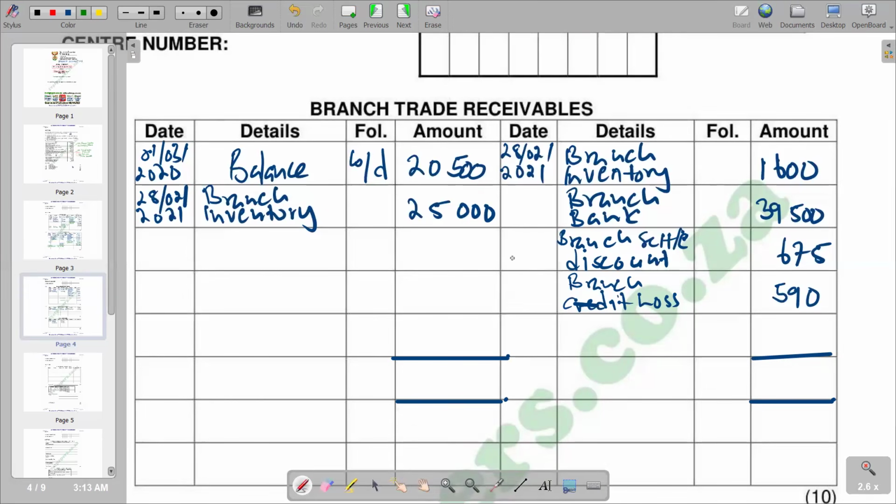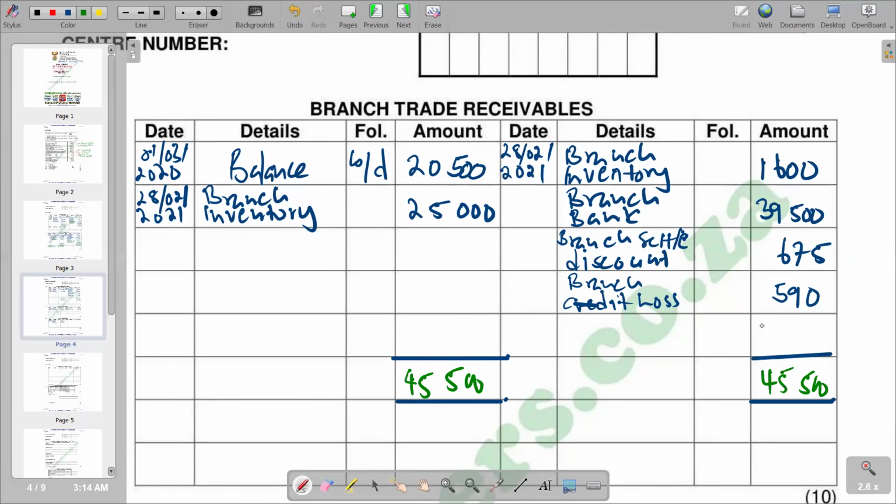If you add the debit and the credit, we can just try to confirm. You are going to find that the debit side is the greater total, with a total of 45,500, which is also supposed to come on the credit side.